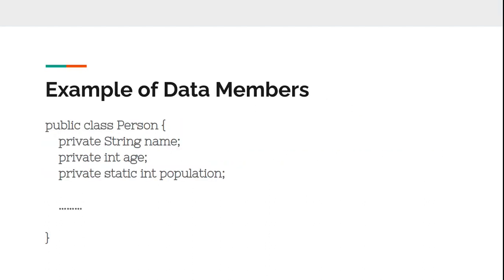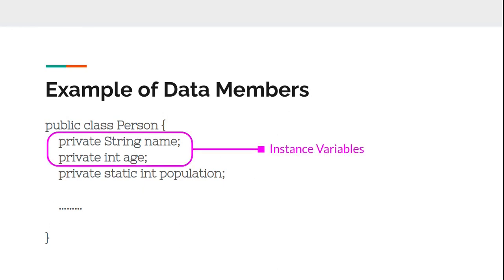Here's an example, a simple definition of a class person. We have here three data members: the name, which is a string, the age, which is an int, and population is also an int. In this example, we see here that string name and int age do not have the static keyword, hence they are what is known as instance variables.